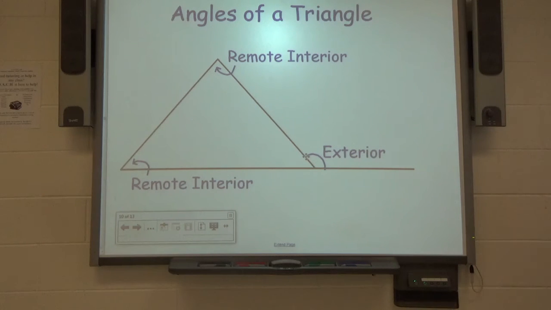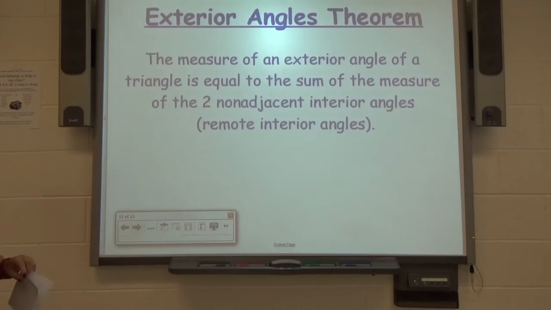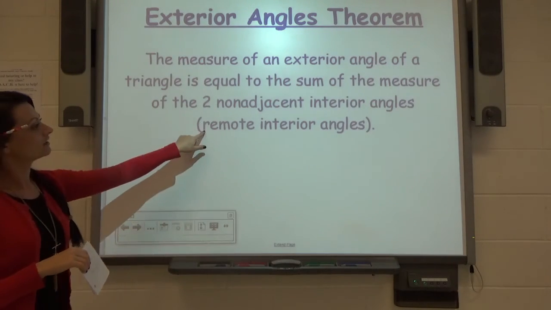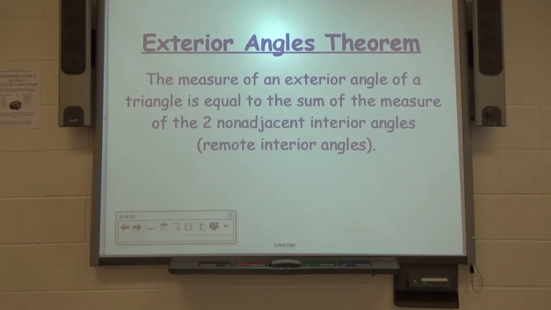And the reason that I need to know these terms is because I have a theorem called the exterior angle theorem. And that tells me that if I have an exterior angle, that measurement is equal to the sum of the remote interior angles, or the two non-adjacent interior angles.